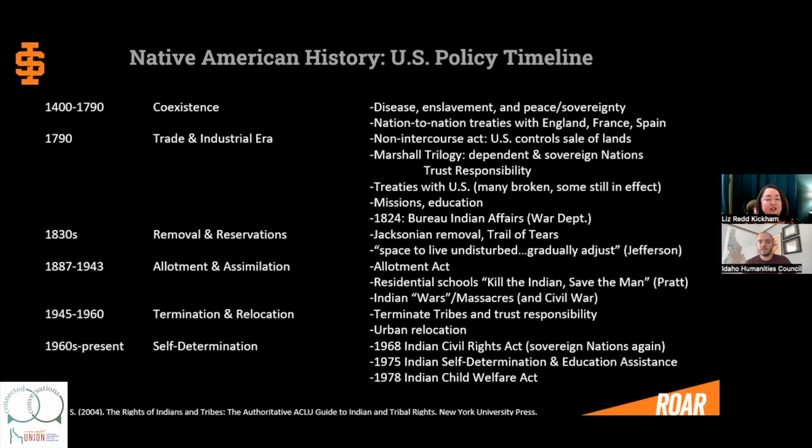But if we look at this timeline, and if we really examine the US policies and policies of other colonial nations, if we examine the policies that the US has had that are directed at or concern Native peoples, it really becomes clear that at least until the 1960s, the overarching purposes of these policies were to erase Native peoples from culture. It was to deprive them of their lands, their livelihoods, their ceremonies, languages, and cultures.